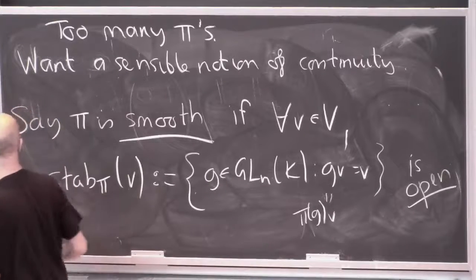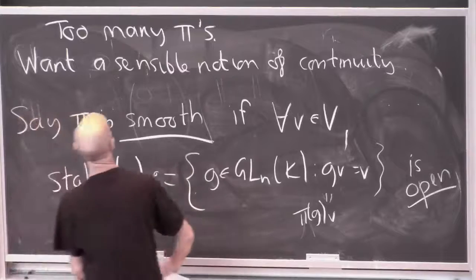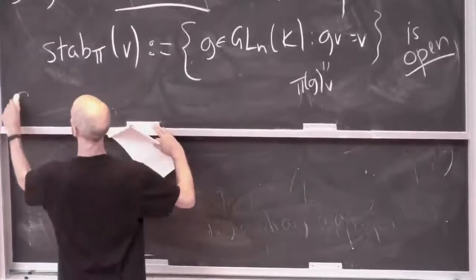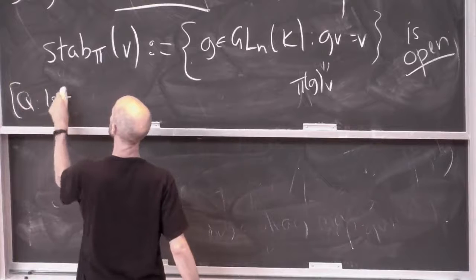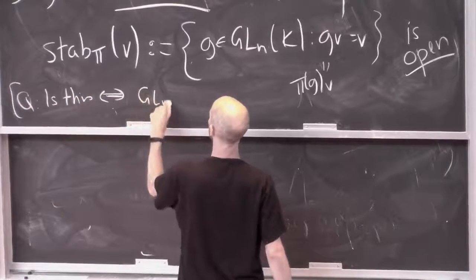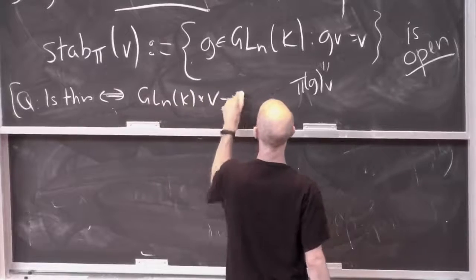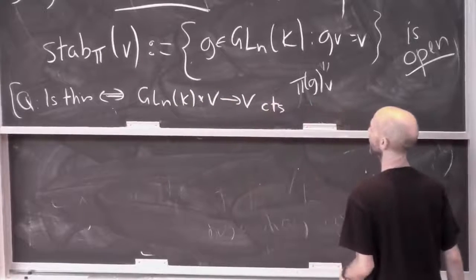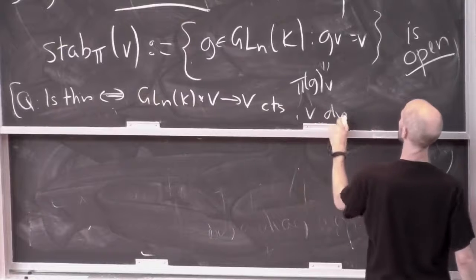And I'm just thinking, is this equivalent to this map here, the induced map from GL_n of K cross V to V, being continuous? I think it might be, with V given the discrete topology.